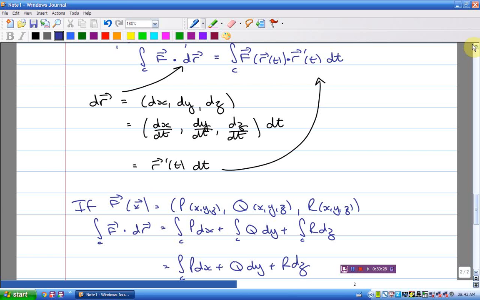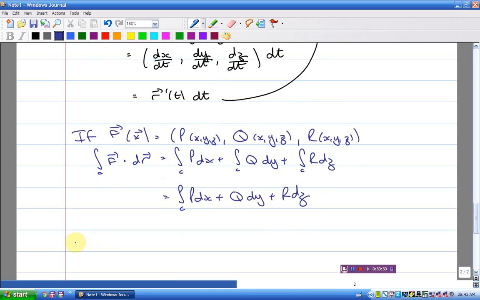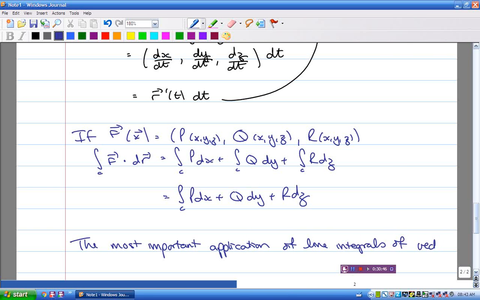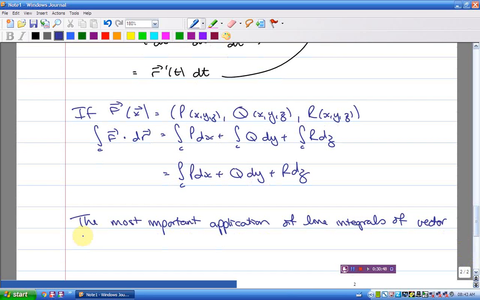The most important application of line integrals of vector fields is work.